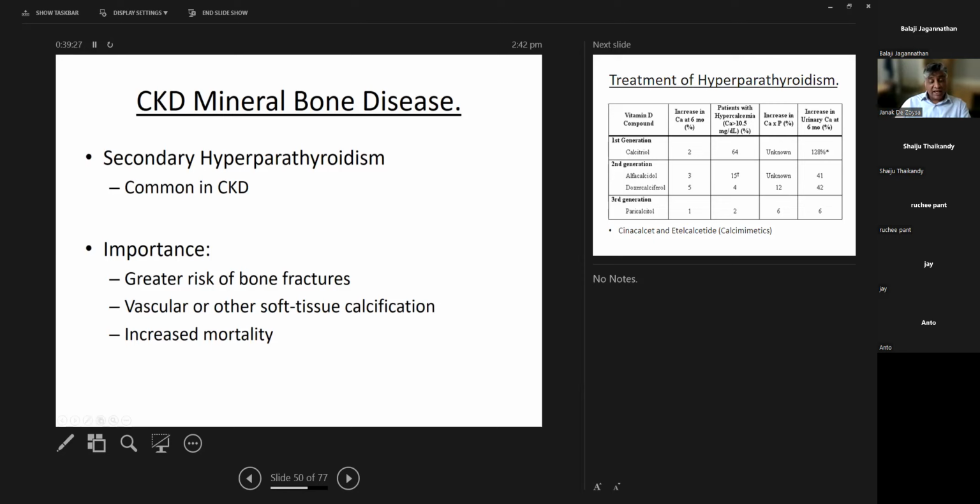In addition, that calcium that's being moved from the bone tends to deposit in the blood vessels or the soft tissues. So we think that this is contributing to increased cardiovascular mortality, or if it gets into the soft tissues, can cause ectopic calcification or calciphylaxis. And we think that this is increasing morbidity and mortality.